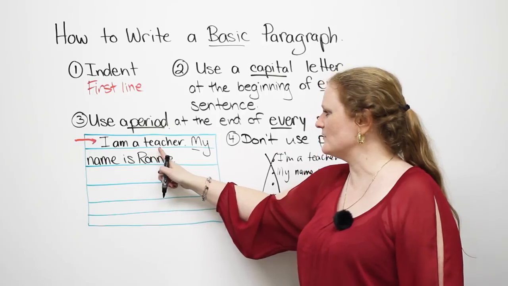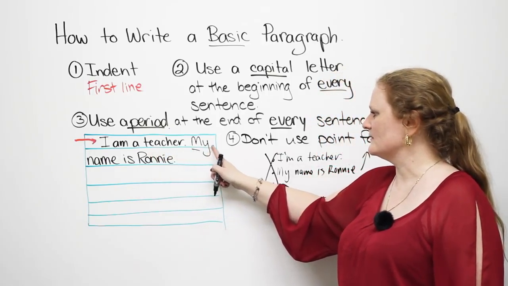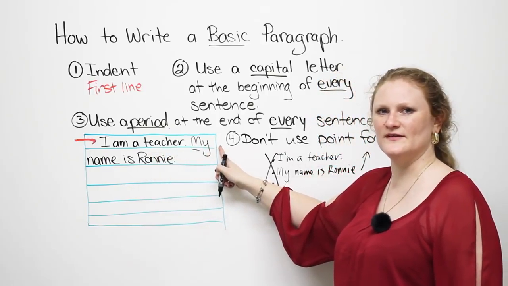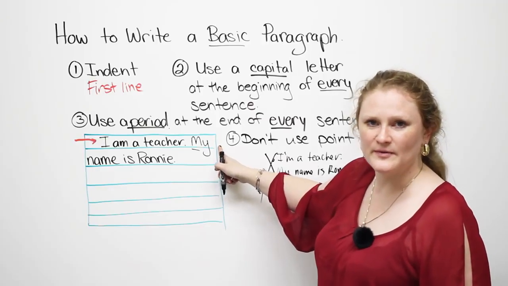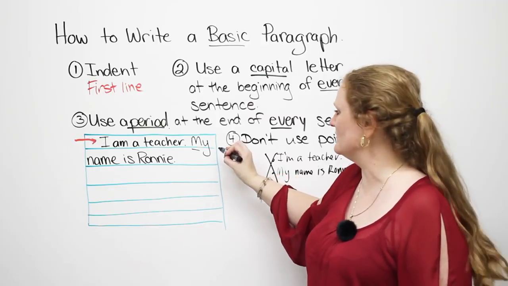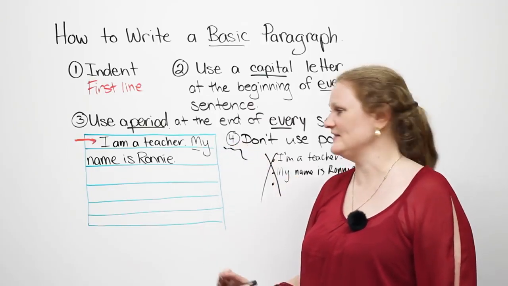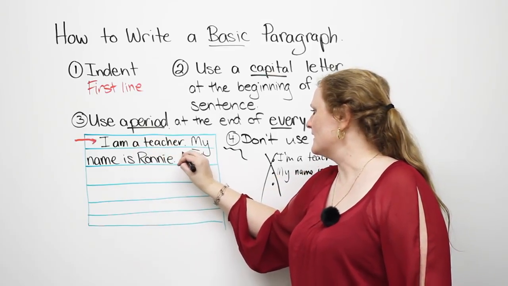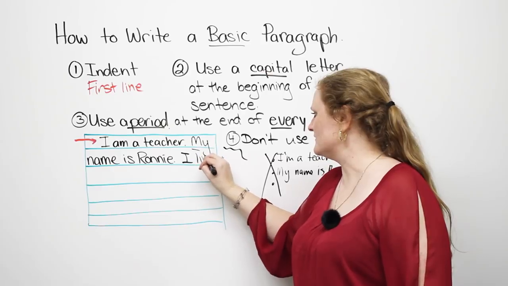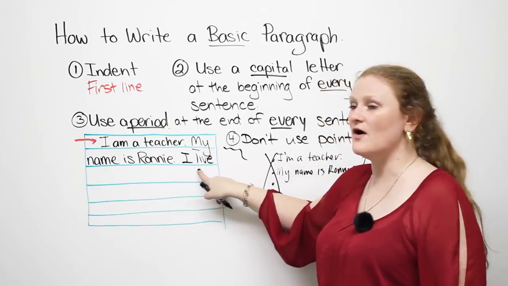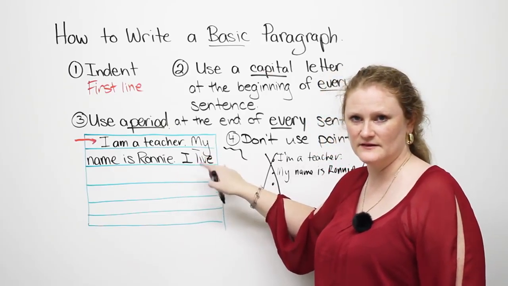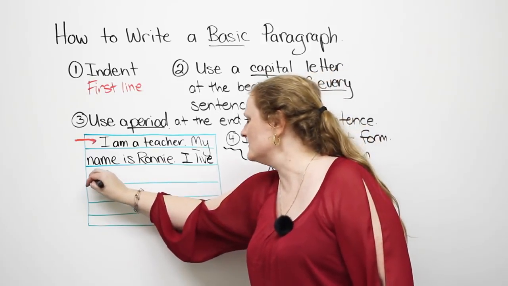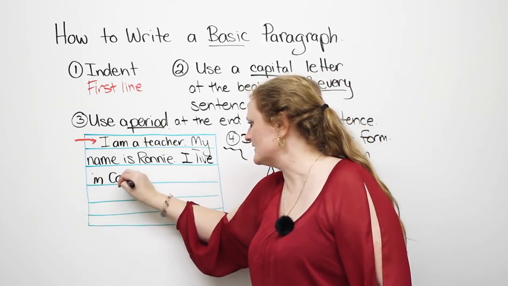What I'm going to do is I'm going to write until I almost reach the end of the page. Don't write past the end of the page because then you're writing on the desk and it gets messy. So, I'm a teacher. My name is Ronnie. I live. So I'm going to use up all of my line until the end. I live in Canada.